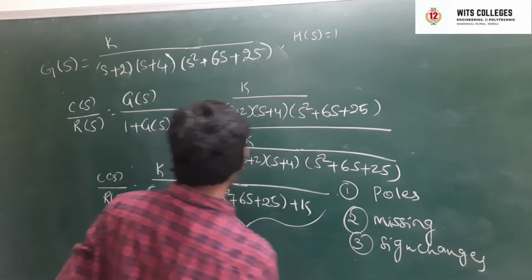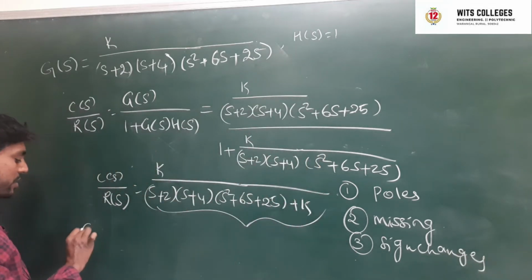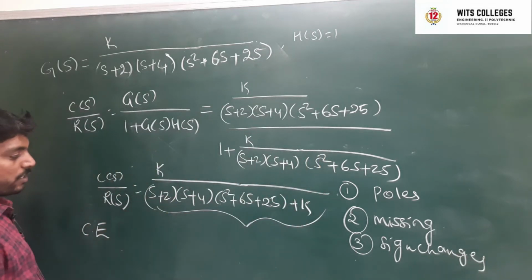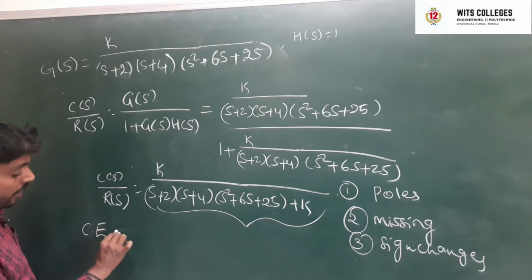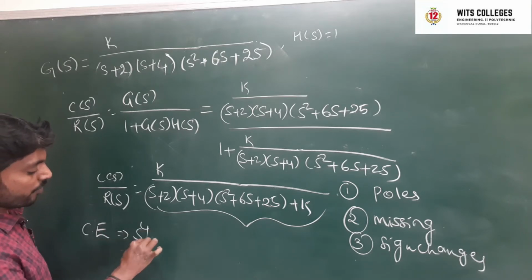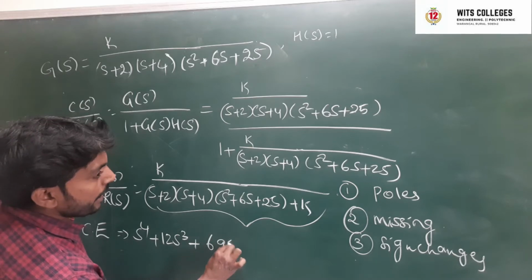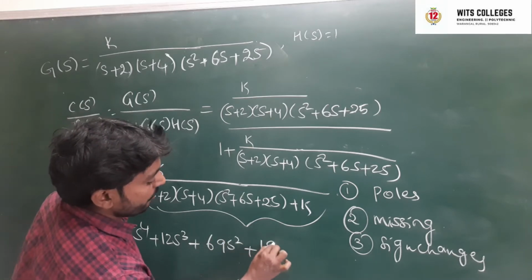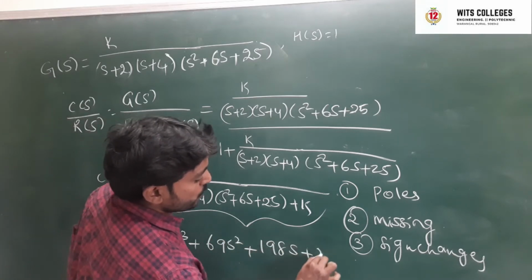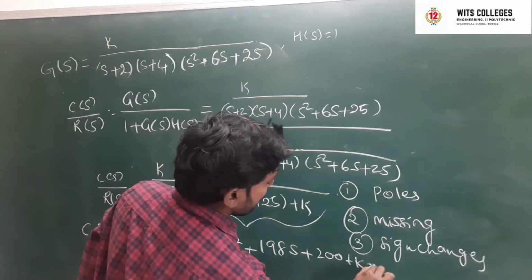Multiplying these factors in the characteristic equation, we get the fourth order equation: s power 4 plus 12s cube plus 69s square plus 198s plus 200 plus K equal to 0.